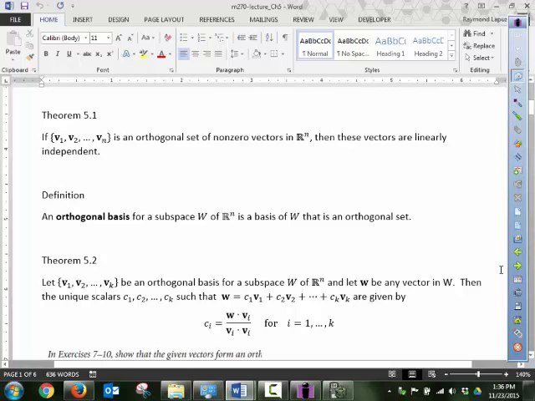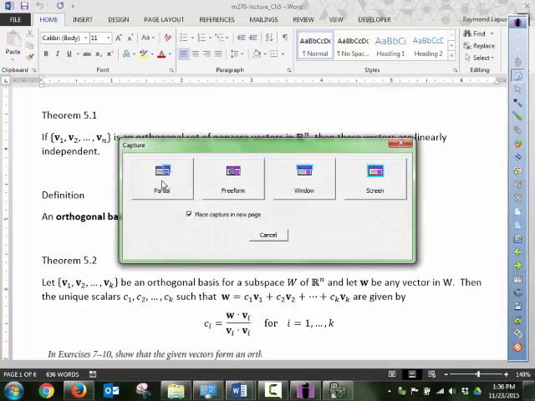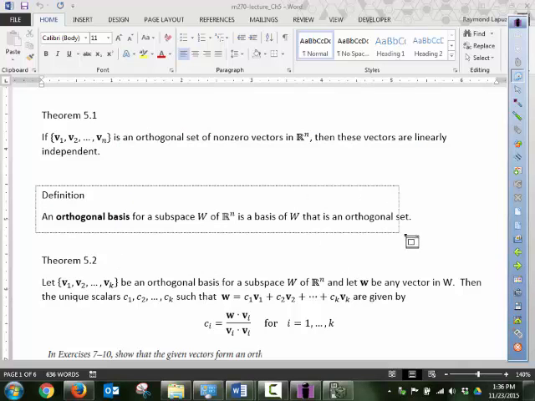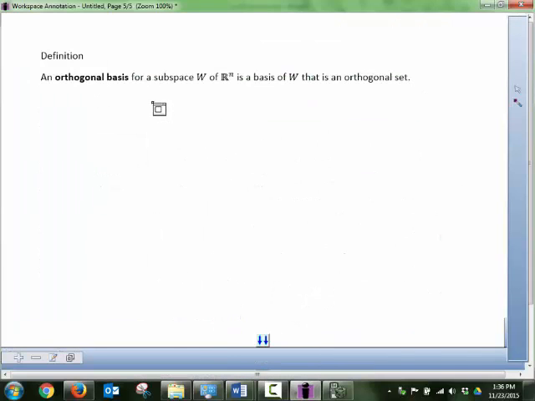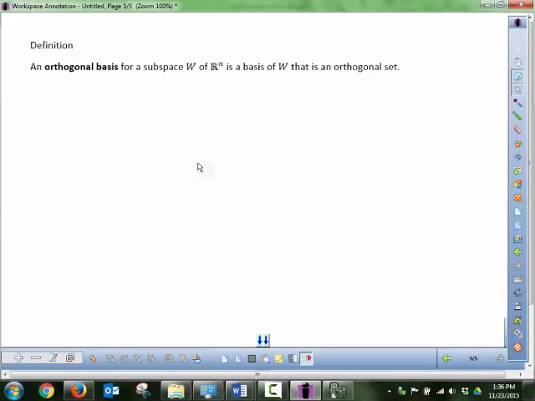So another definition: orthogonal basis. An orthogonal basis for a subspace W of R^n is a basis that is an orthogonal set. That seems kind of weird, but that's a definition, and that's how they say definitions. So let's find an example.